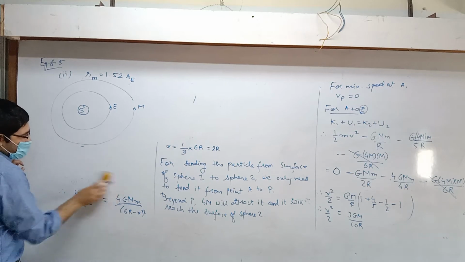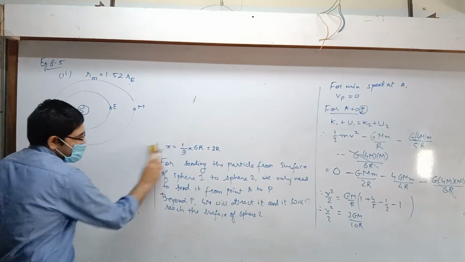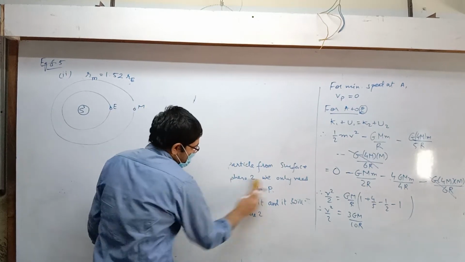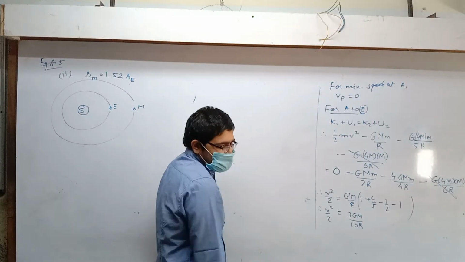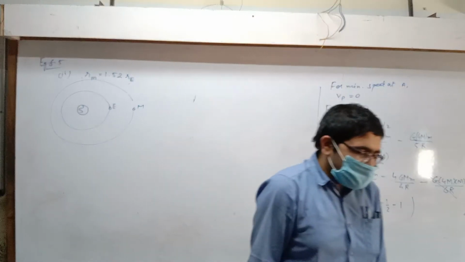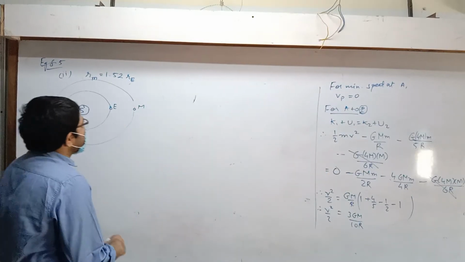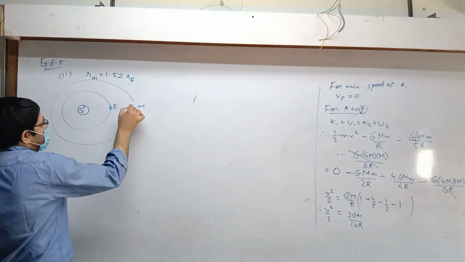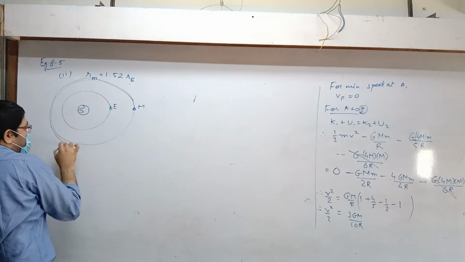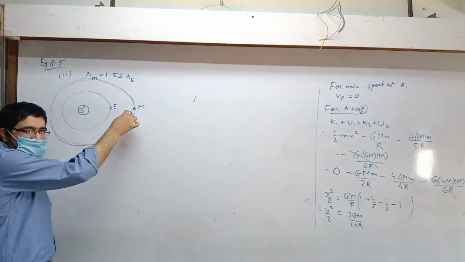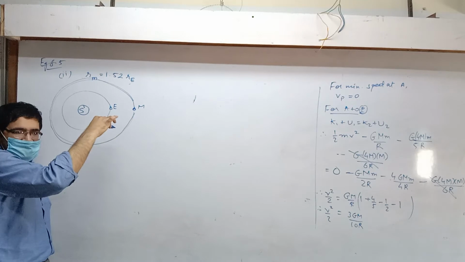So what do we have to find? The length of the Martian year. What is the length of the Martian year in days? A Martian year means the time in which the planet goes around and comes back, 1 year.